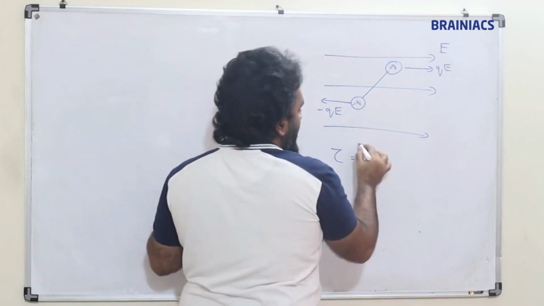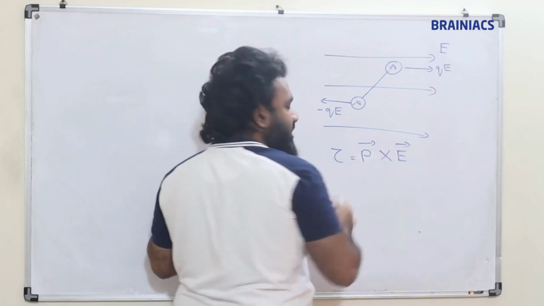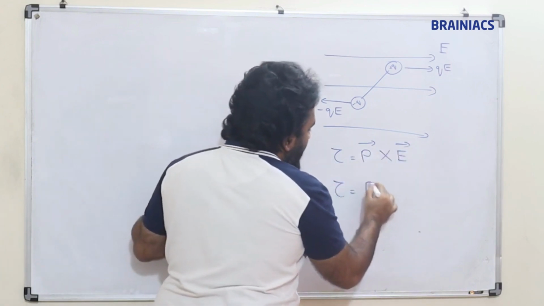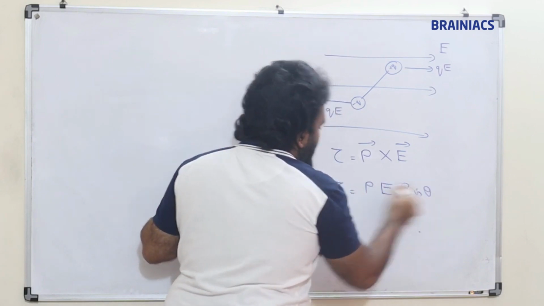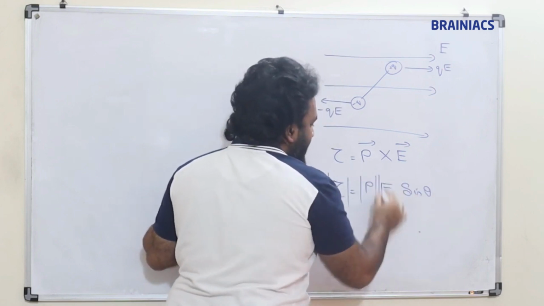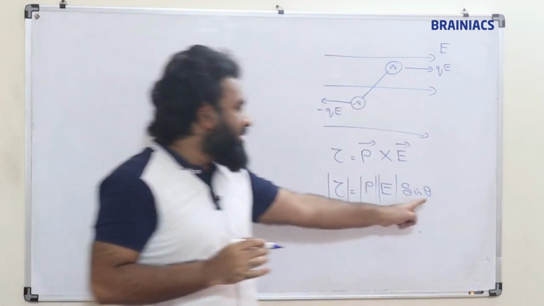For an electric dipole, torque is P cross E. The magnitude of torque is PE sin theta, the electric dipole moment into the electric field into sin theta. What is this theta?